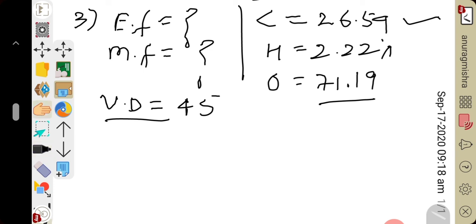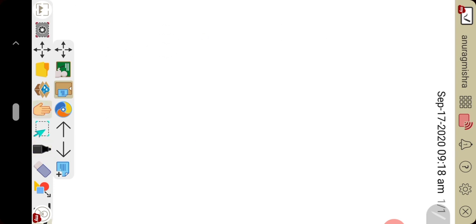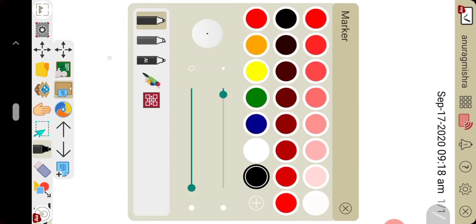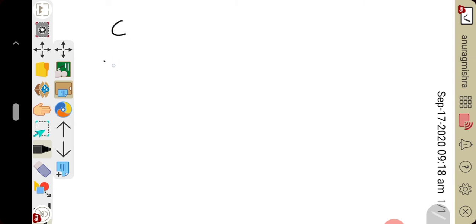So let us do it. First of all, to find the empirical formula, we have to make a table. Write down the symbol of the different elements: carbon, hydrogen, and oxygen.